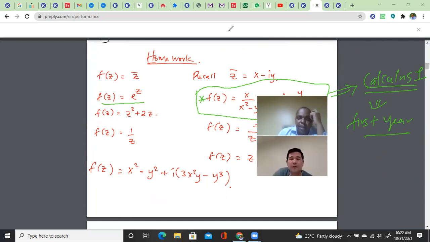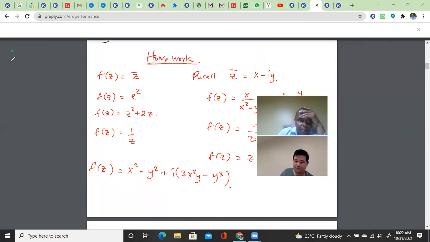Okay, so let's do the second one. This is f of z equal to e to the power of z. I believe you did the first step. You got e to the power of x plus iy. And also you did this.